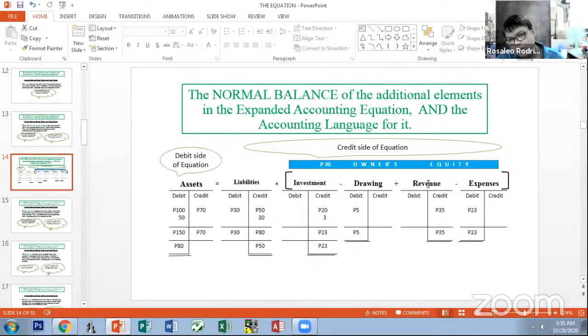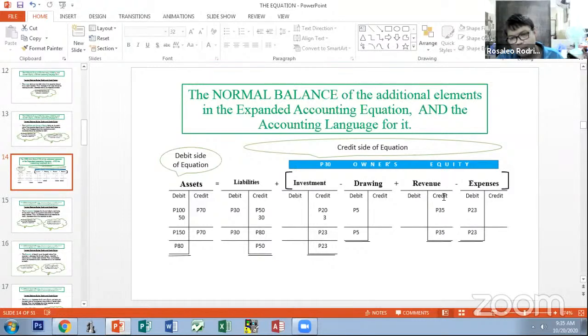So when an accounting entity, a person, a sole proprietorship business, a partnership, a corporation, sells goods or services, he earns something. The accounting profession, accounting language, accounting discipline recognizes that effort as revenue.